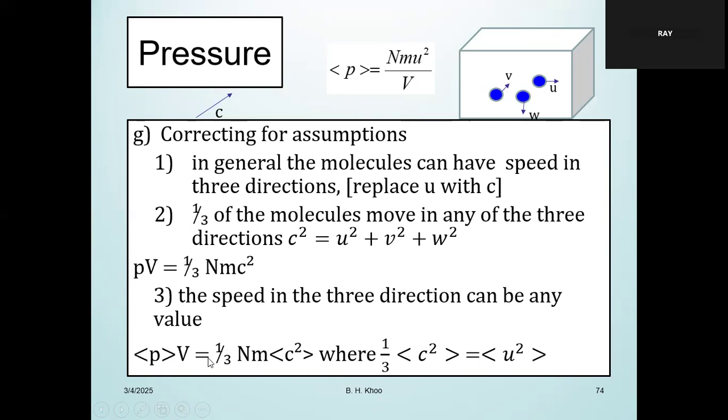Right, so we have got this formula. Okay, with that, any comments so far? U is the X direction, V is the Y direction, W is the Z direction.